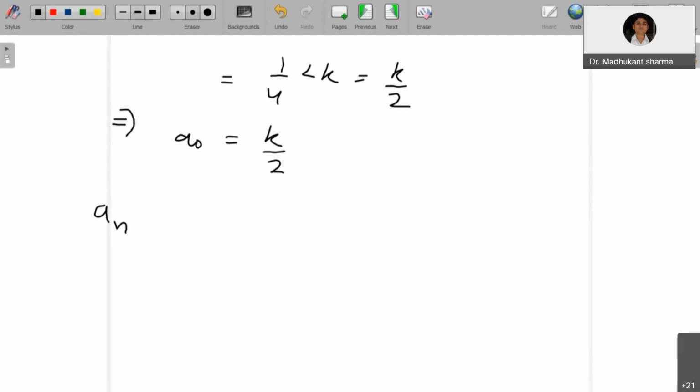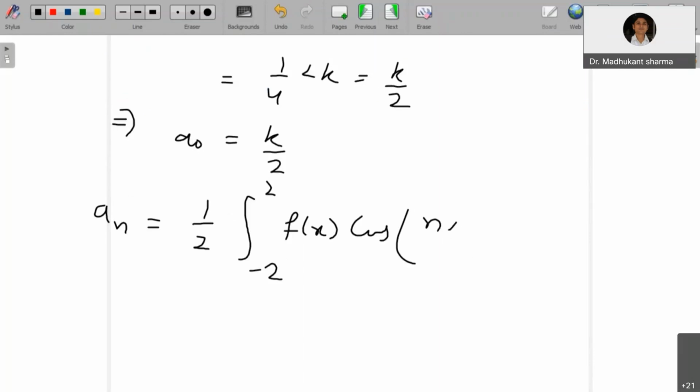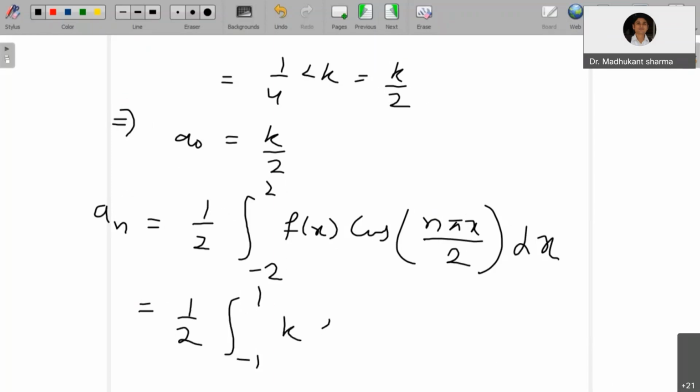Similarly, a n is equal to 1 upon L, that is 2, integration from minus 2 to 2 of f of x times cos of n pi x by L, L is 2. So that equals 1 by 2 integration from minus 1 to 1 of k times cos of n pi x by 2 dx.